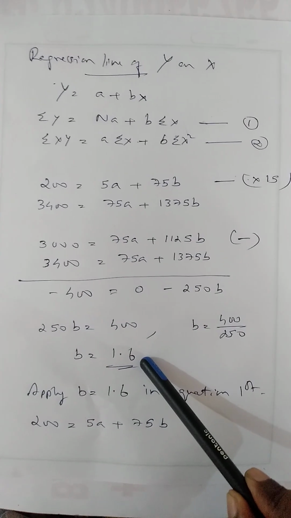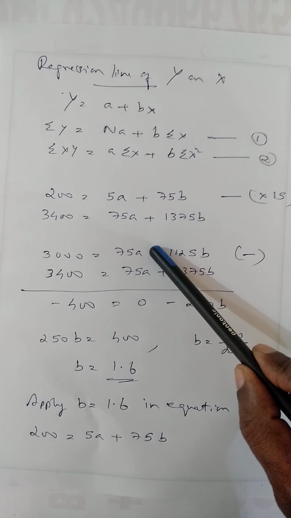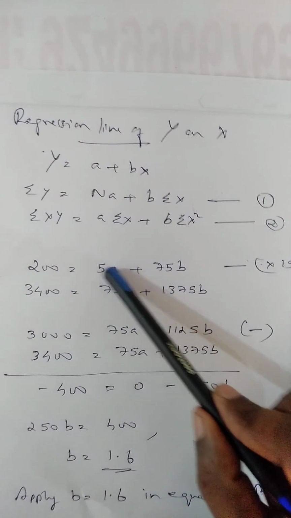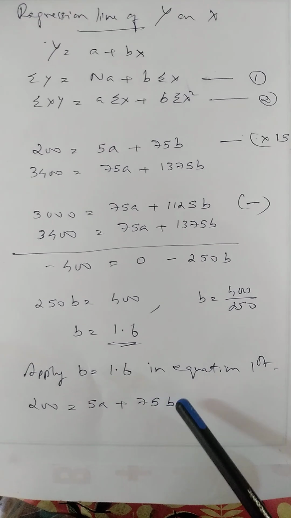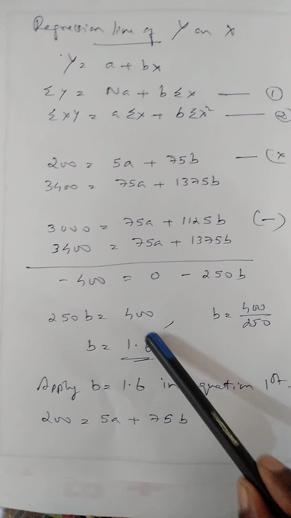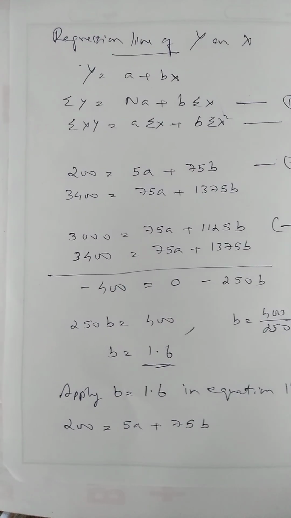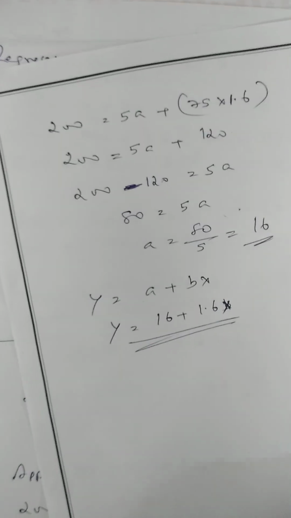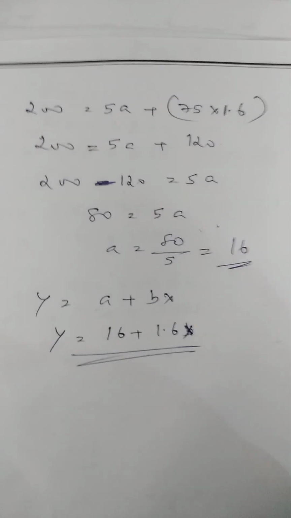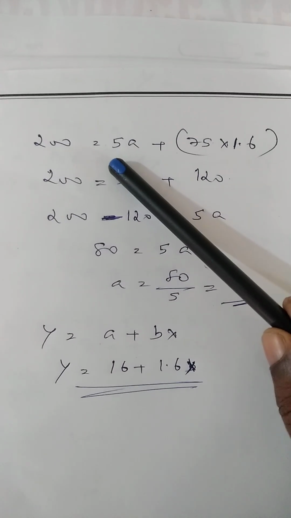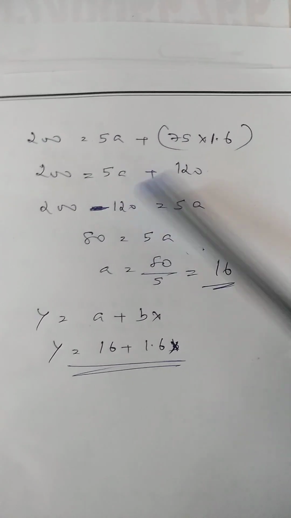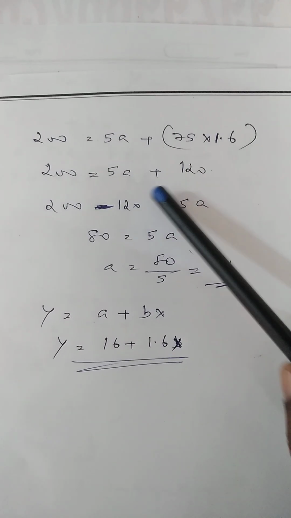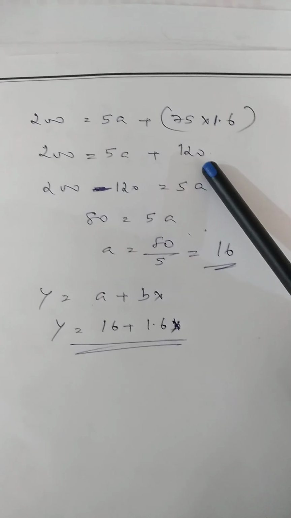It is required to find out the value of a. For that, I am taking the first equation. 200 is equal to 5a plus 75b. And I am applying the value of b, 1.6, here. Now it becomes 200 is equal to 5a plus 75 into 1.6, which provides 120.